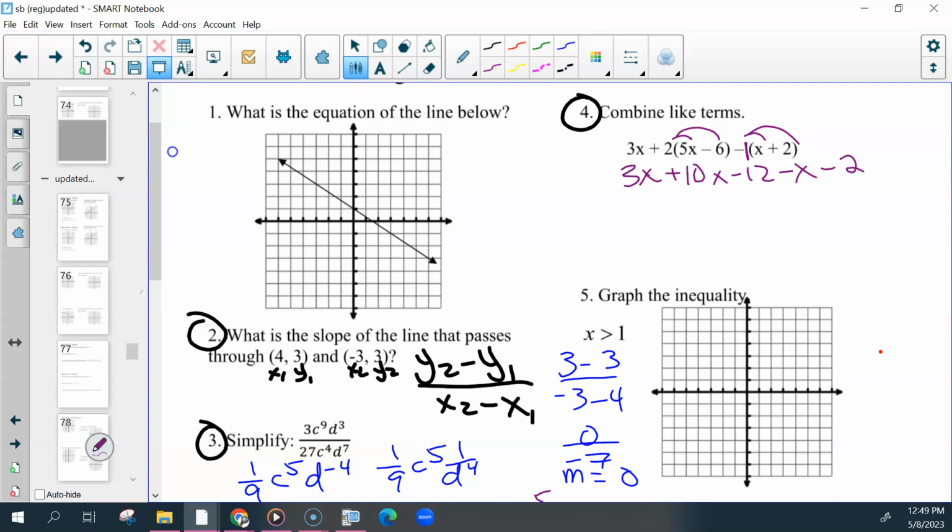And then combine all of your x's together and all of your constants together. So this would be 13 minus 1 would give us 12. This would give us minus 14. So that would be your final answer. Questions on that one?